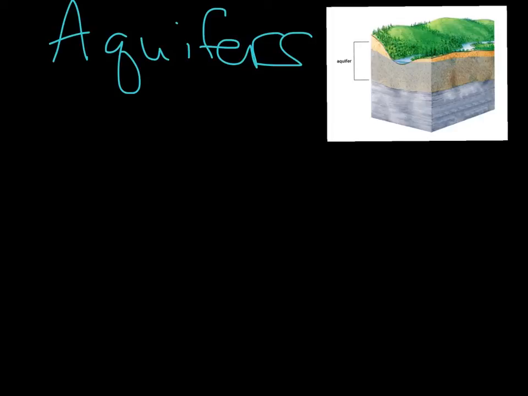Now, in order for an aquifer to form, there are 3 different things that you need. You need that layer of permeable material.